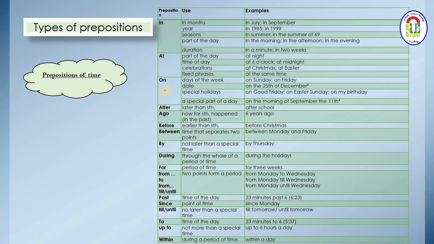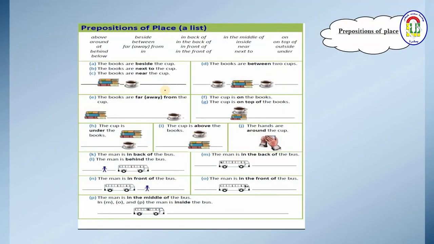Here we didn't talk about all the types of prepositions. We have specified the mainly used ones. Also, we have talked about the prepositions of place, and we saw the picture of the cap and the books, and different positions.